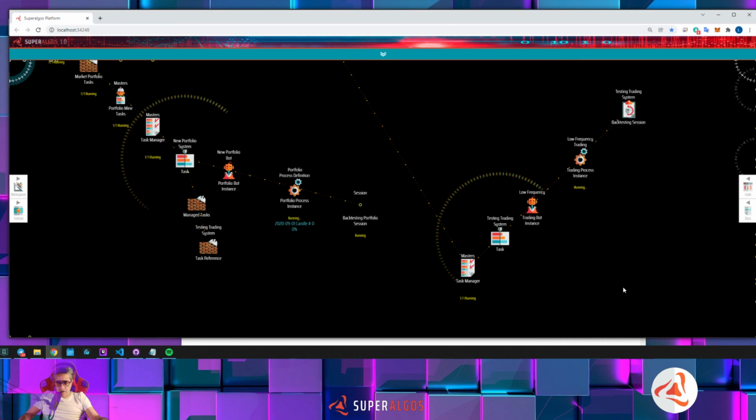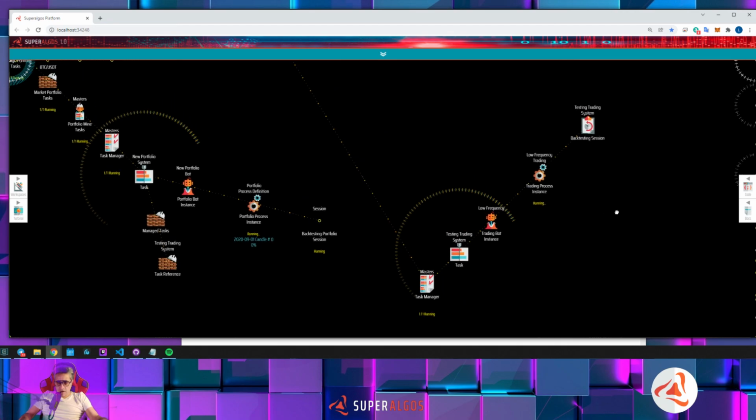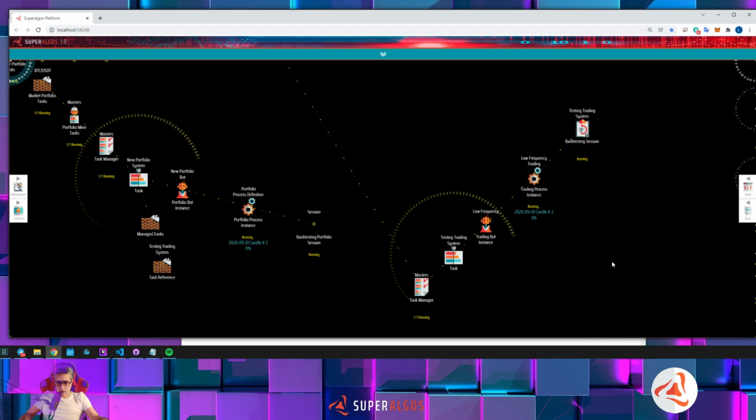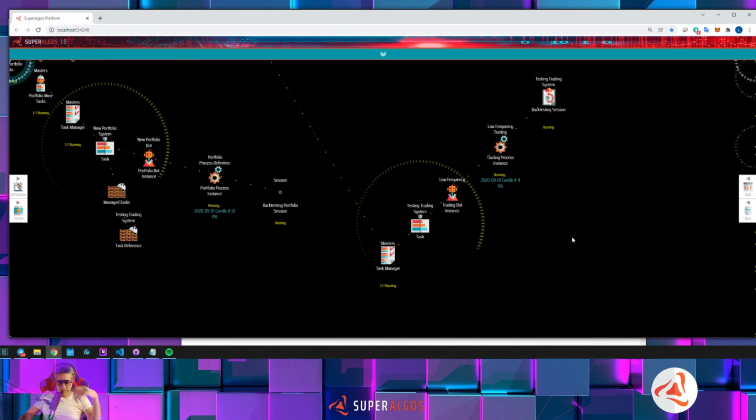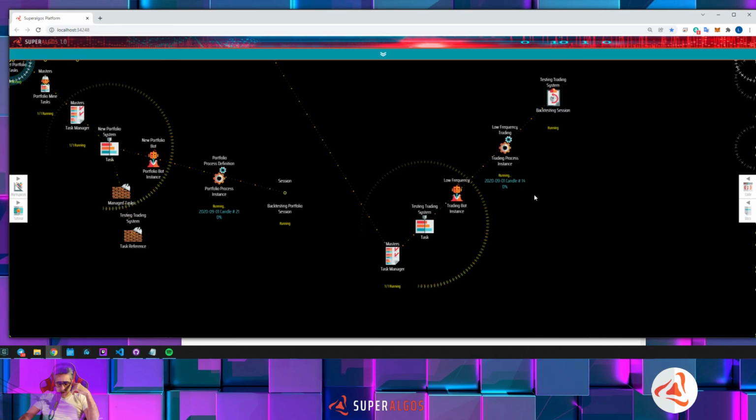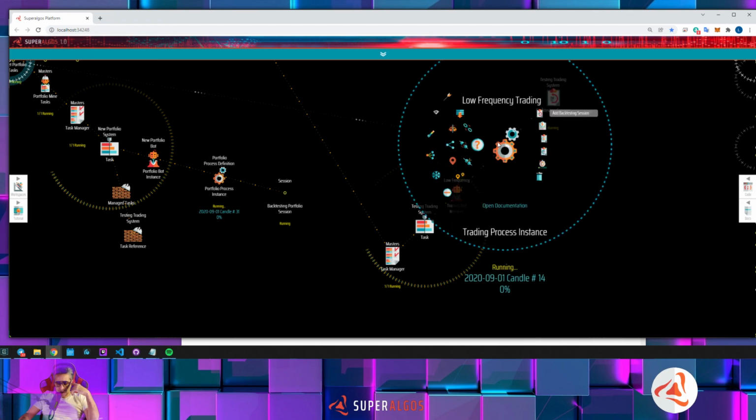Okay, I got this working. And there it goes. Finally. Okay, beautiful. So what is going on here? The portfolio is running its simulation and the trading bot is running its simulation. Okay, something got broken here. So it's not perfect, because the portfolio is continuing and this guy is stuck here.